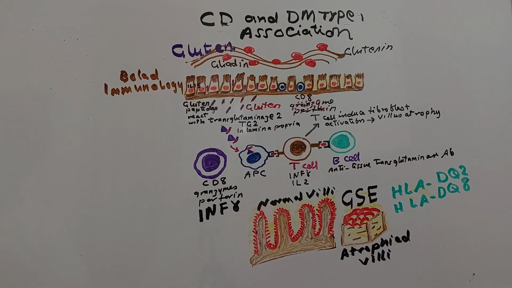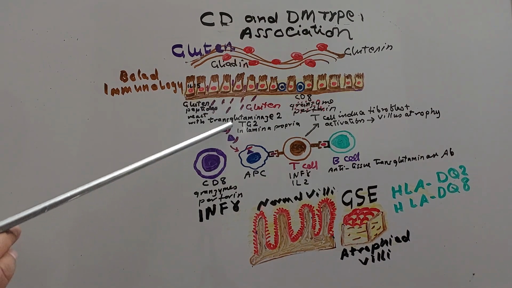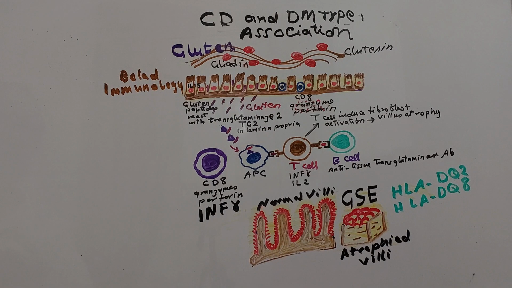transglutaminase antibodies, or anti-TTG. When these antibodies bind to specific antigens, whether gliadin or transglutaminase, this will further deteriorate the condition by activating an inflammatory cascade through the complement system, and this will lead to more destruction of the epithelium or the mucosa.